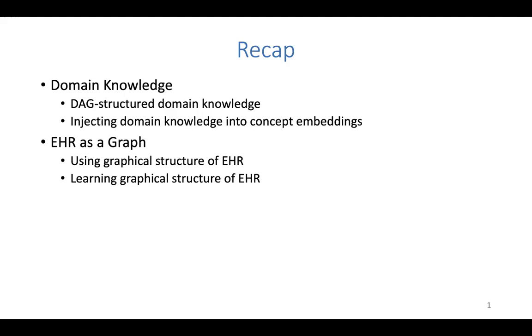You can build a hybrid model, and then hopefully with enough data and regularization, the transformer can learn useful attention strengths that resemble the true structure of the graph. So that was last week.